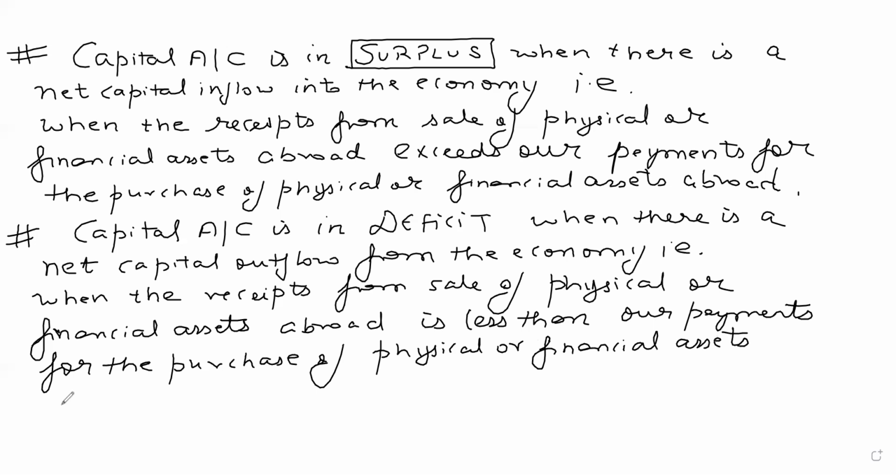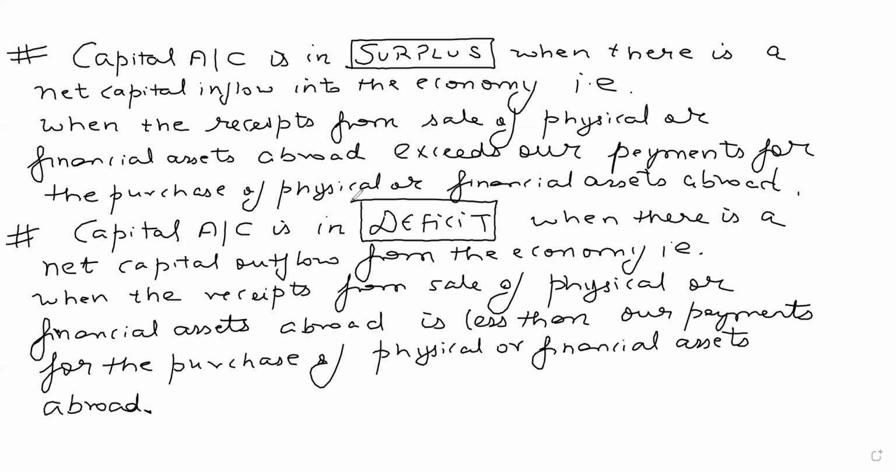So guys, what does this mean? This means that when the payments we are receiving from selling our assets abroad are less than the payments we have to make to the foreigners for buying physical or financial assets from them, we say that our economy's capital account is running a deficit.